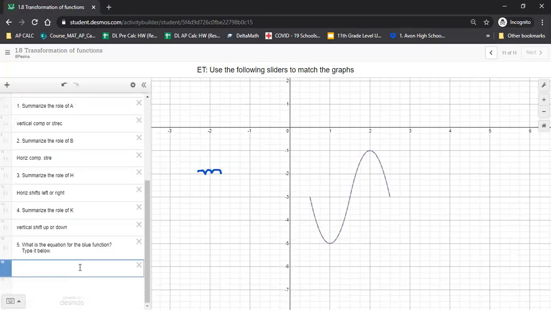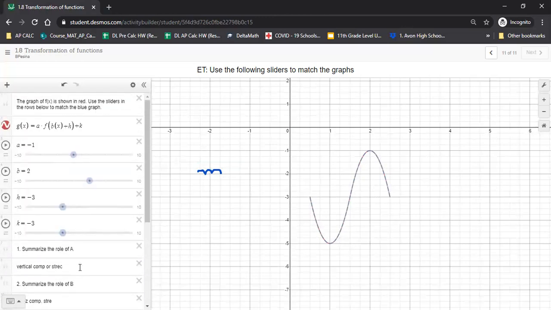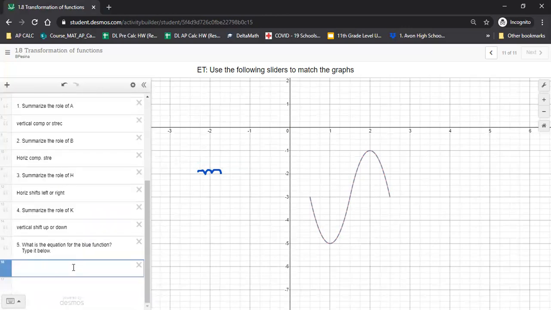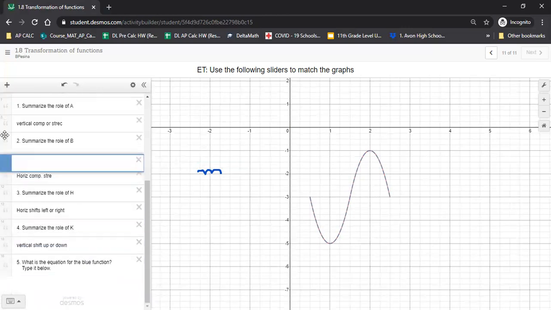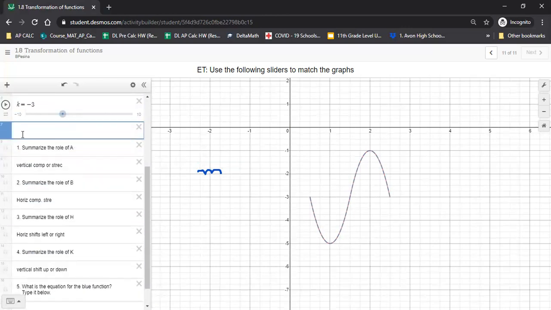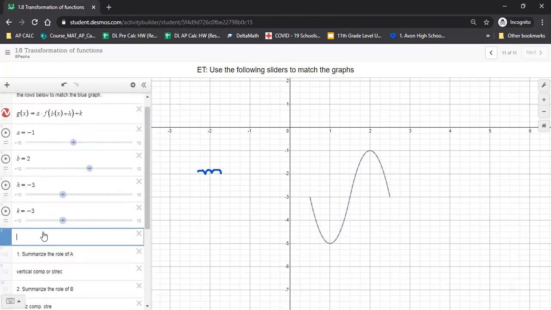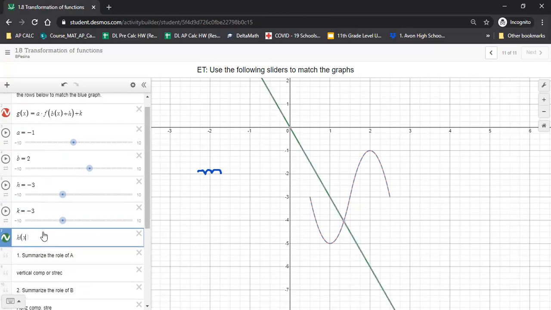And they want the exact equation, and I believe these are the values here. I'm going to move this all the way up so I can get a nice number. And it appears that the function they wanted, I'm going to say h of x, so I can make a different color, was -1 times the function, which appears to be my cubic function, or in this case, f.